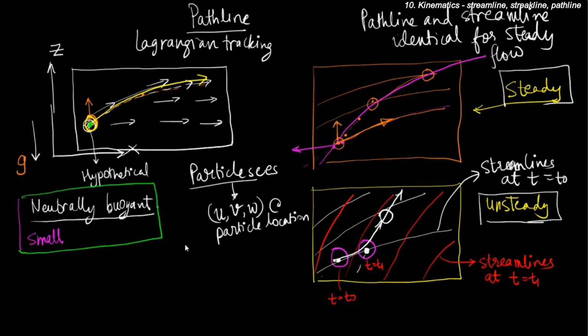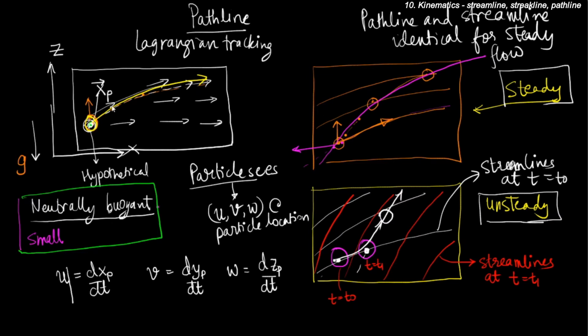So at this particle location, u will be dx/dt of the particle, so I will call it p. v will be dy/dt of the particle, and w will be dz/dt of the particle. So u, v, w sampled at the particle location. So let me define the particle location as the vector x_p. Vector x_p stands for x particle, y particle, z particle.